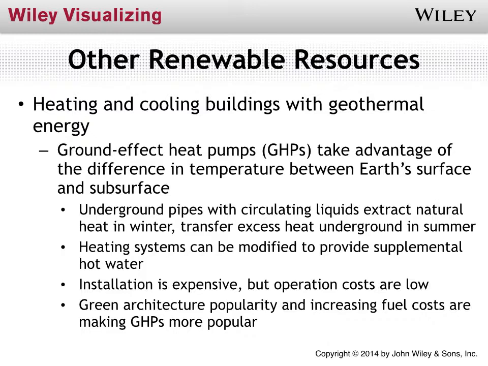Fairly expensive to install these systems, but really cheap to run them. And again, the more that we use this green architecture, incorporating these kinds of renewable energy sources into our homes, the more popular they're going to get, and ultimately the cheaper they're going to get.